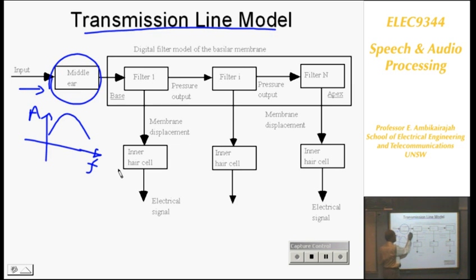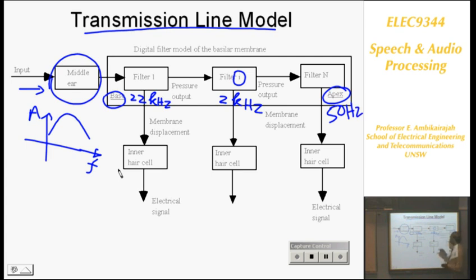Filter 1 is the basal end filter, tuned to 22 kilohertz. And the output of that goes to filter 2. Filter 2 is tuned to maybe 20 kilohertz. And this is filter I. Let's say it's tuned to 2 kilohertz. I'm just saying an example. And then the last filter that you have is the apical end filter, tuned to say 50 hertz.